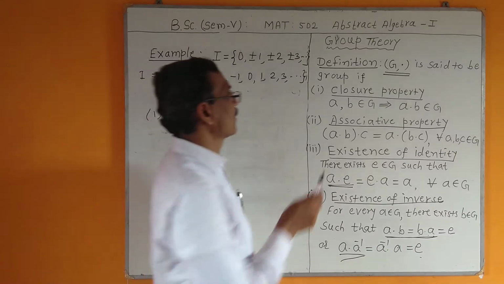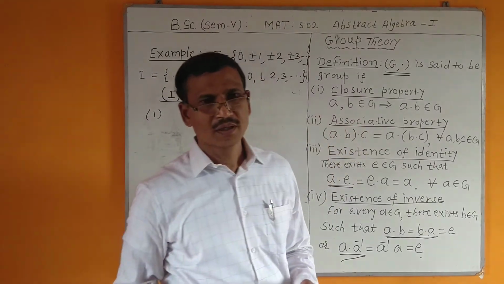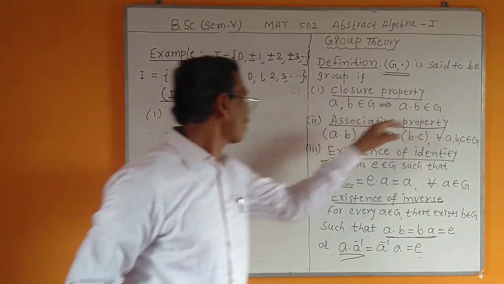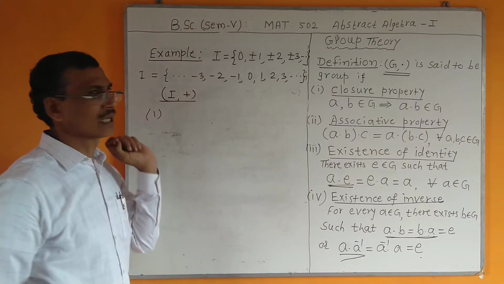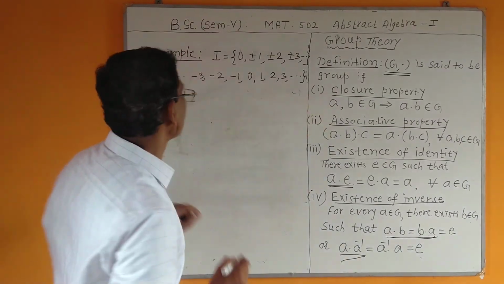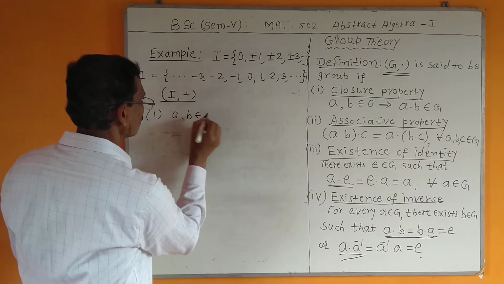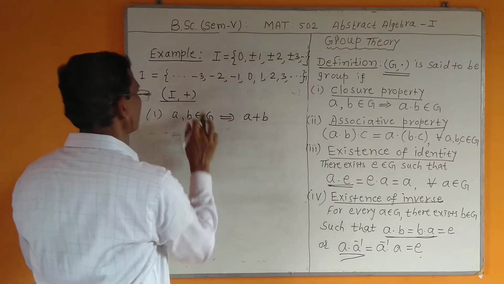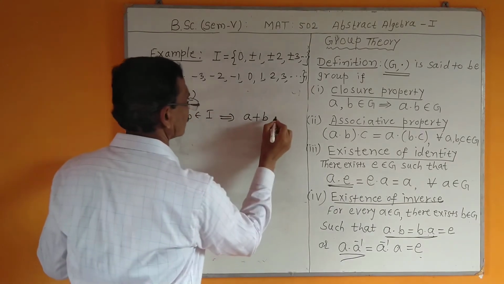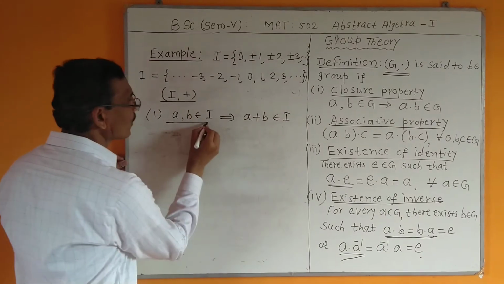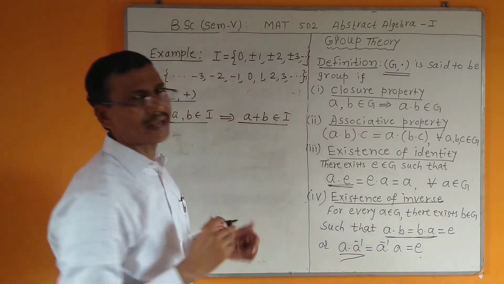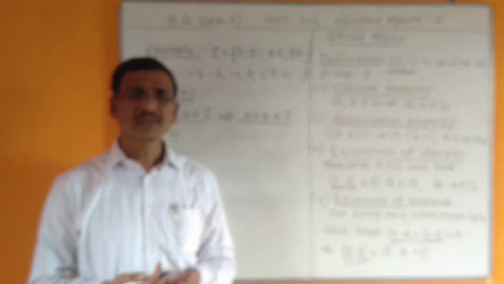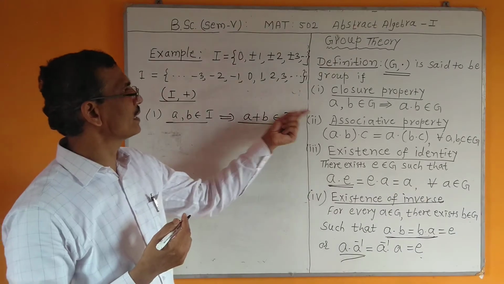For closure, we consider any 2 elements of set G, then their product also belongs to G. In this case, dot means plus and G means I. This condition becomes: a, b belongs to G implies a + b belongs to G. If we consider any 2 integers, their sum must again be an integer, and we know that the sum of any 2 integers is again an integer. That means the closure property is satisfied.